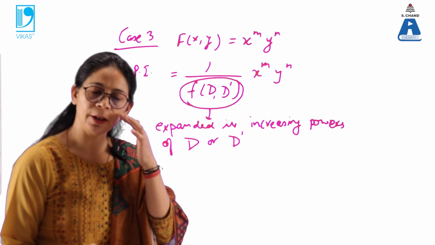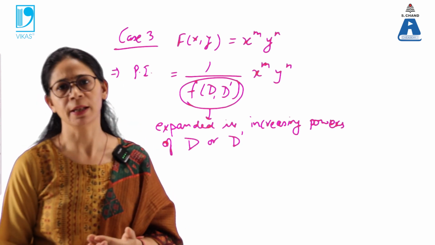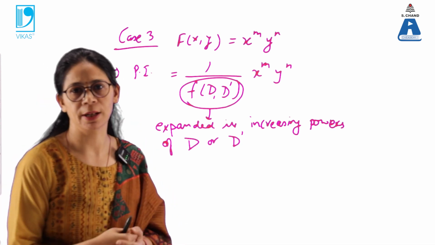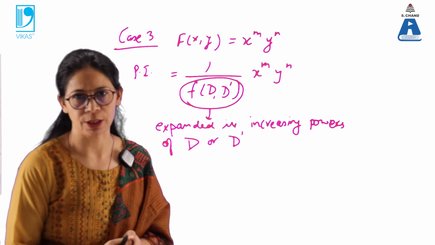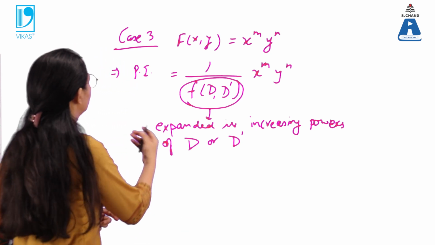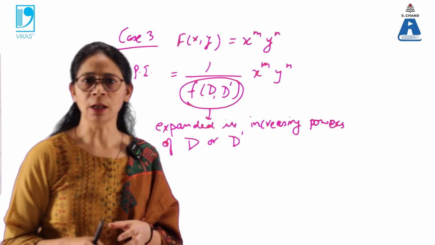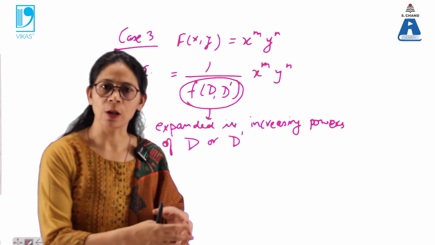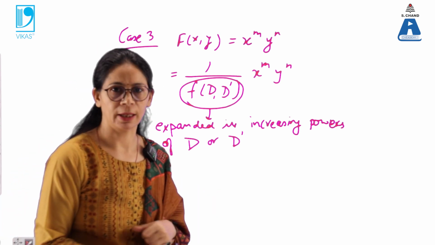When D is in the denominator, it represents integration, and if D is in the numerator, it represents differentiation. So that's how the particular integral is written if f(x,y) falls under these 3 categories.